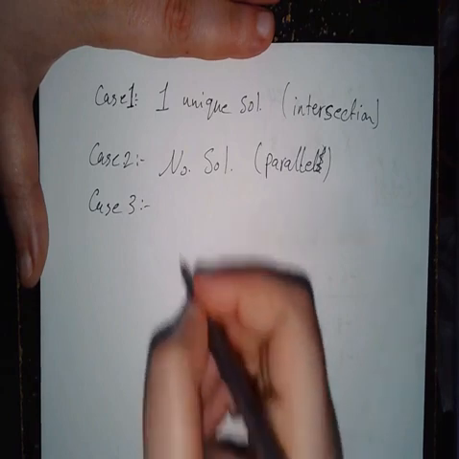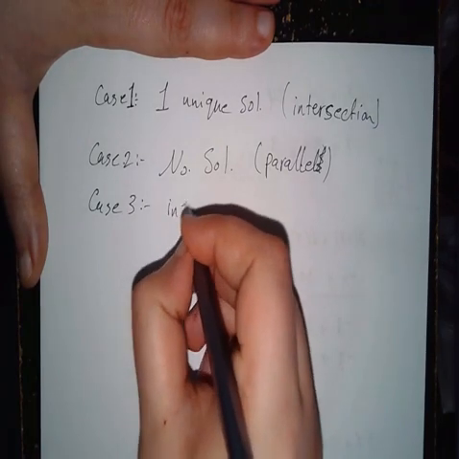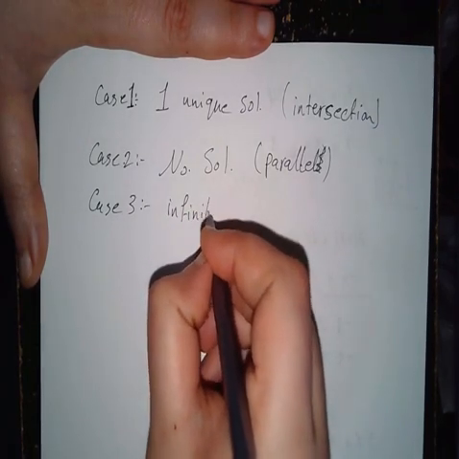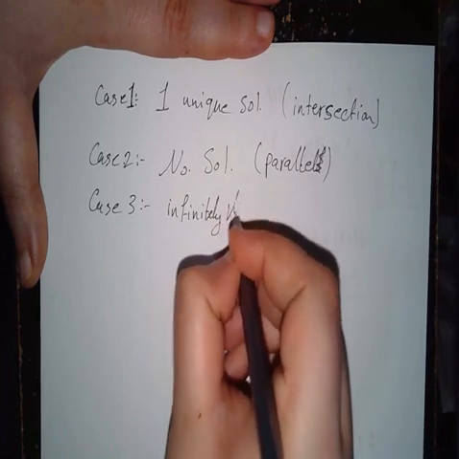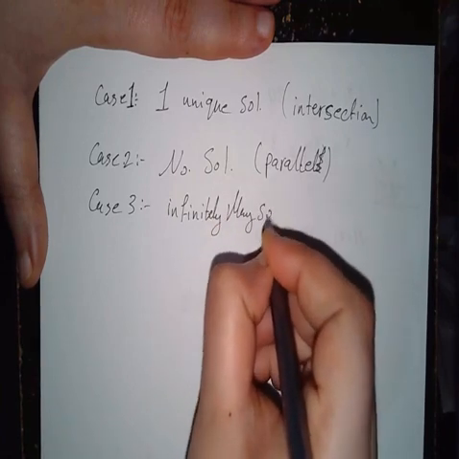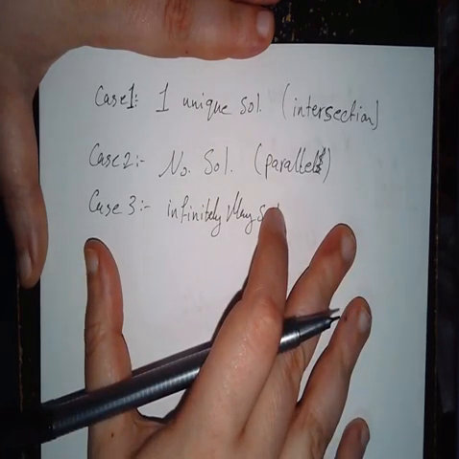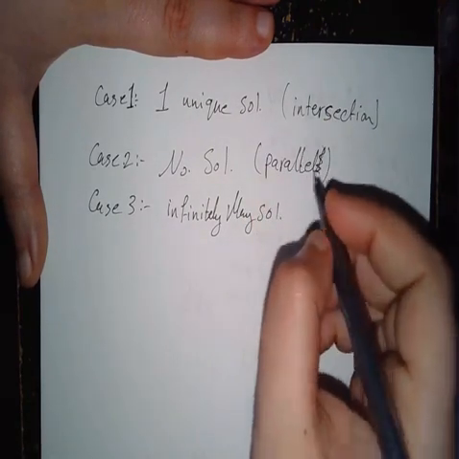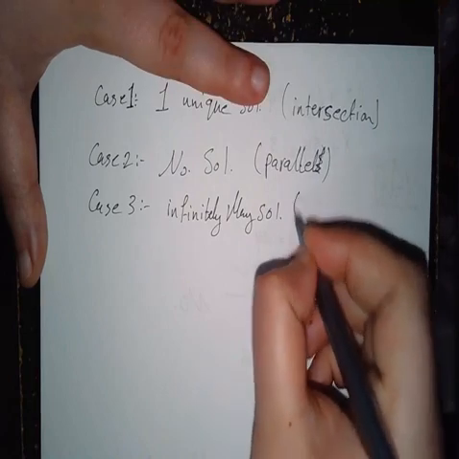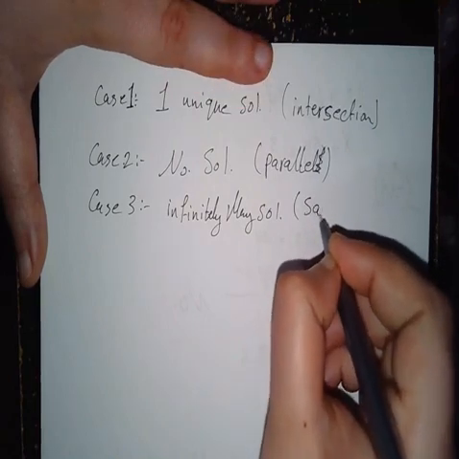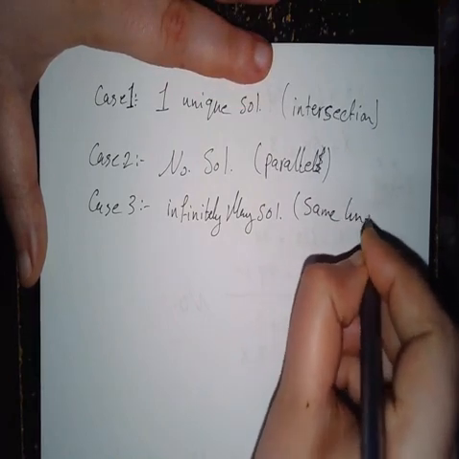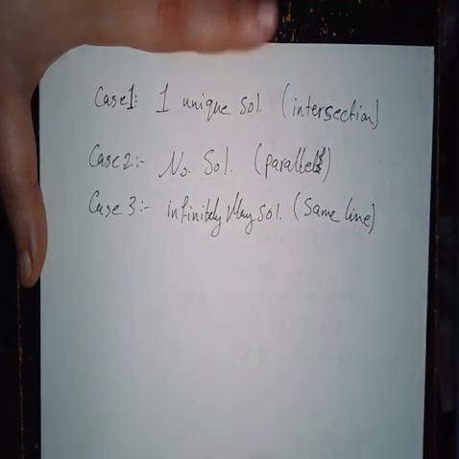Infinitely many. So if you have infinitely many solutions, what happens in that case? That means the two lines are the exact same line. Right? Okay.